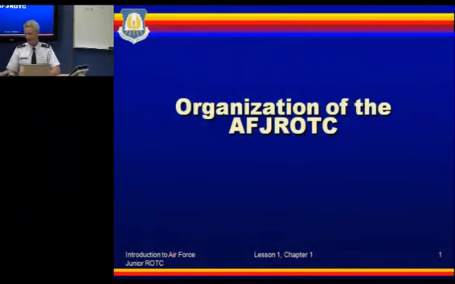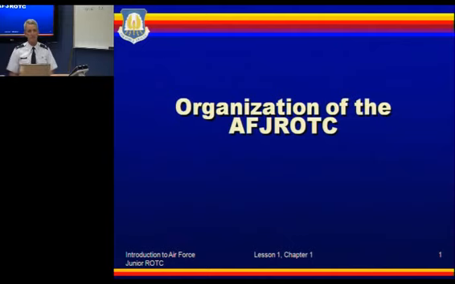All right, so if you have your electronic workbook open, you can go straight to Unit 1, Lesson 1, the organization of Junior ROTC. First of all, I need to make sure you know this for a test. The actual term, Air Force Junior Reserve Officer Training Corps, is about a 1911 term. It's pretty antiquated, meaning it's out of date.